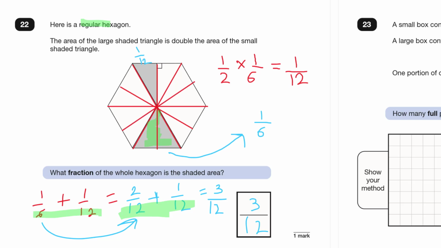You will now see that there are, if I start at this shaded section here, 1, 2, 3, 4, 5, 6, 7, 8, 9, 10, 11, 12 sections, and 3 of those sections, so 1, 2, and 3 of those sections are shaded. So we have 3/12.